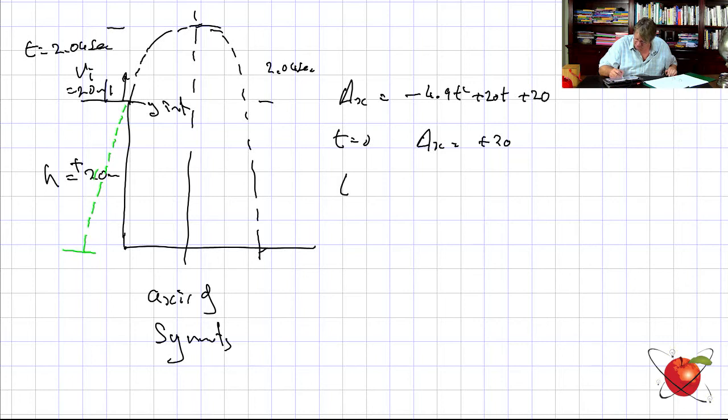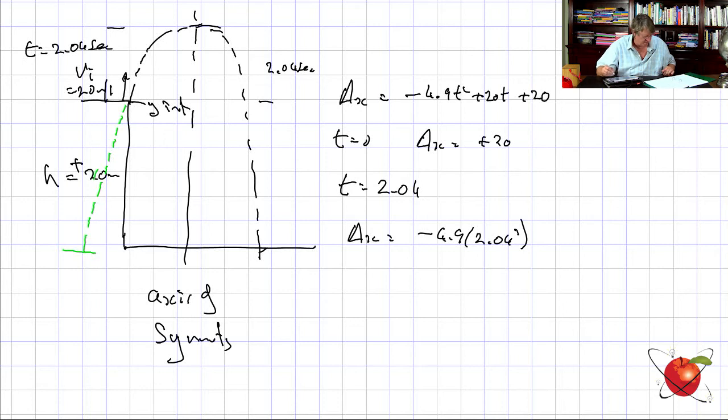So cool. We say right, we're there. Now let's have a look and put in here, what is delta x if t is equal to 2.04? So we put delta x equal to minus 4.9 times 2.04 squared plus 20 times 2.04 plus 20.